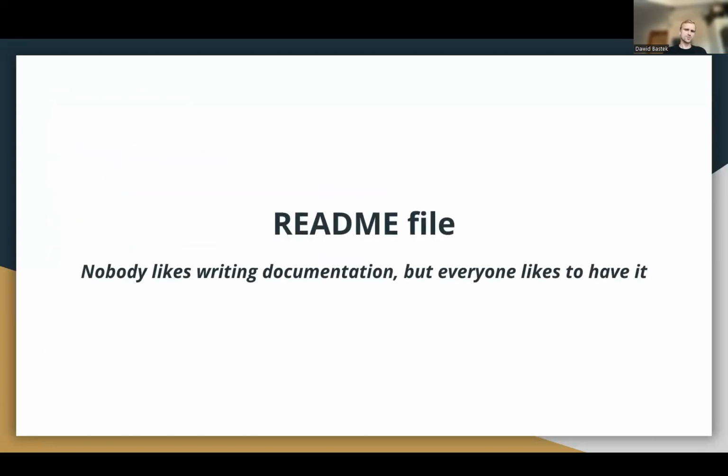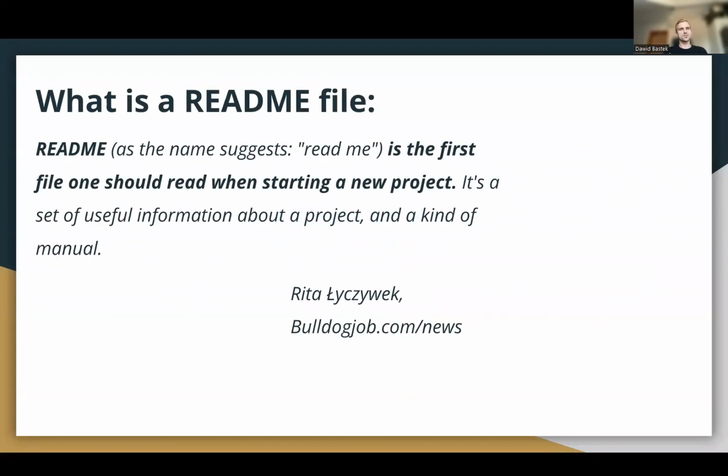I think most of you have seen this, and it's nothing new. If you at least once fetched code, cloned a repository, set up a project or did a code review, you probably saw the Readme file. But what exactly is the Readme file?